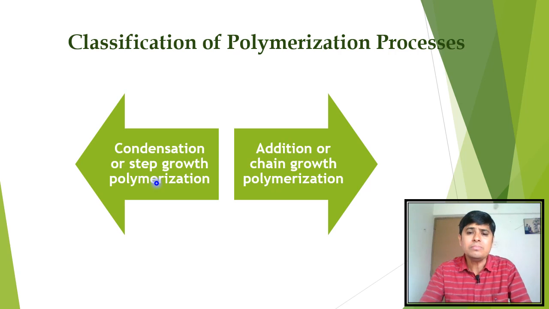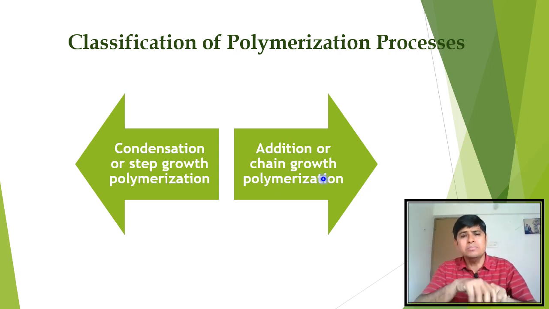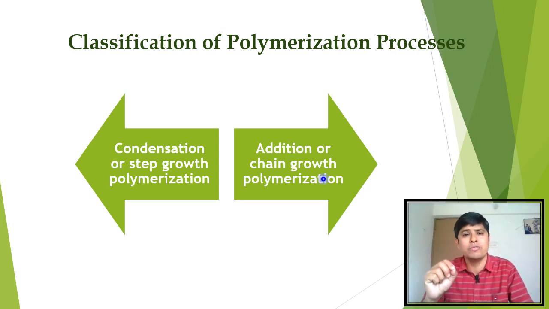Now the next is addition or chain growth polymerization. Addition means we add molecules and it grows like a chain, like vinyl chloride. n number of vinyl chloride molecules will give polyvinyl chloride. That is addition or chain growth polymerization.